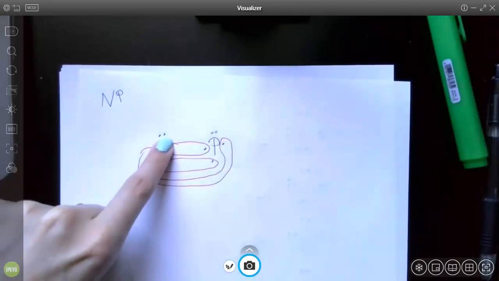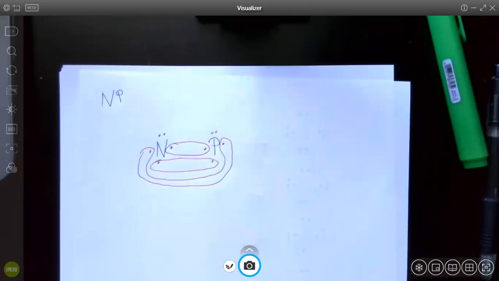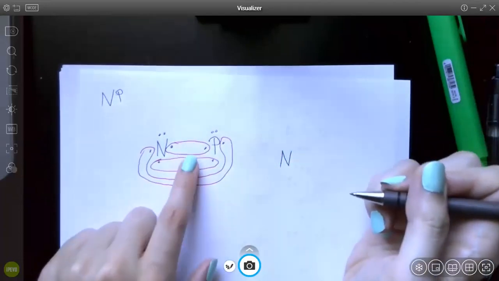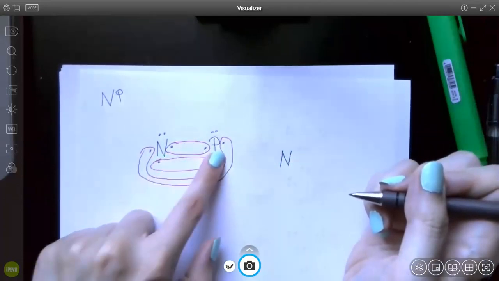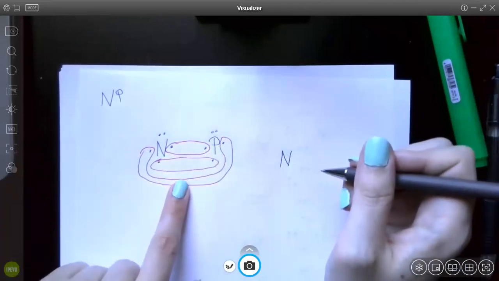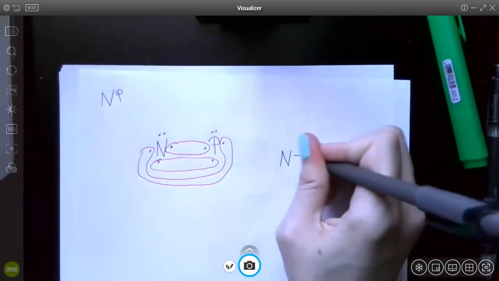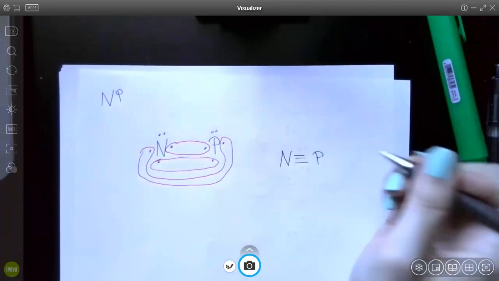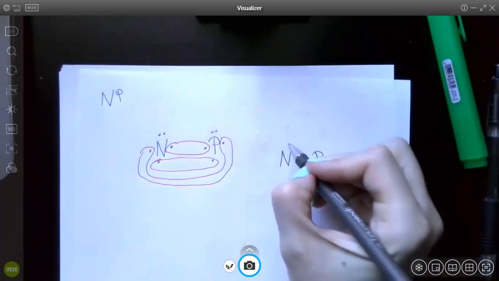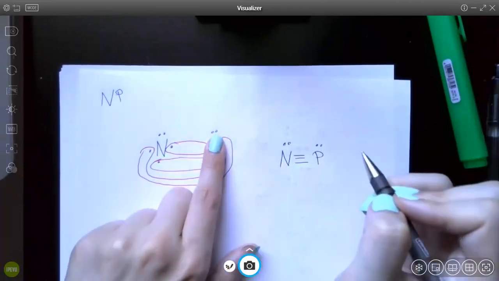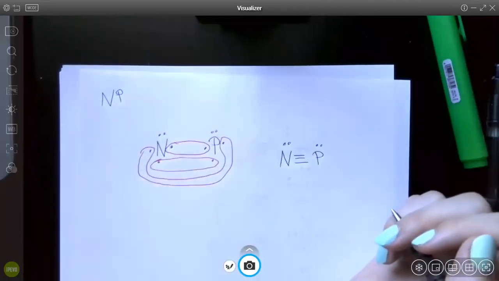Your paired electrons should still be in the pair, not in a bond. And then all I do to kind of finish this off is I just count the number of sausages between my letters, and that's the number of bonds we have. So because there's 3 sausages, I have a triple bond going to my phosphorus, and then we do still draw the paired electrons, the ones that aren't inside the bond.